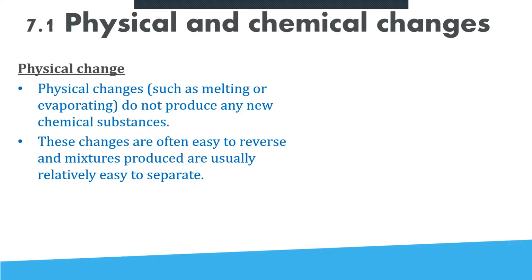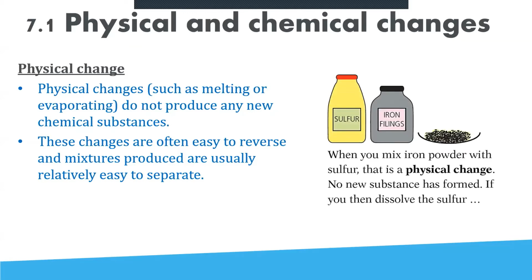So when you change water into steam, you can condense that steam and then reverse the process which was done before. That was evaporation. So like the process that you have done, the physical change can be reversed easily. So as you can see from this example, you have sulfur and iron filings.